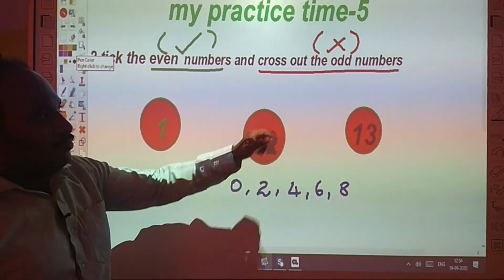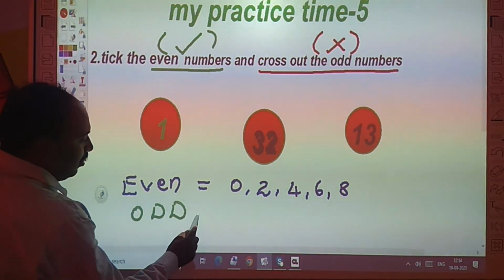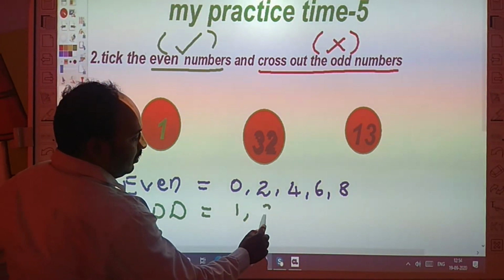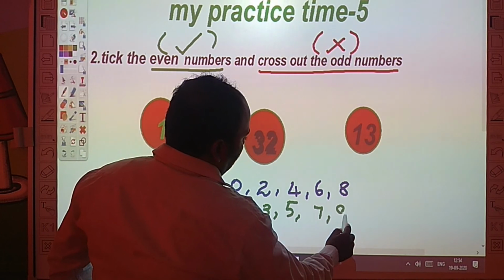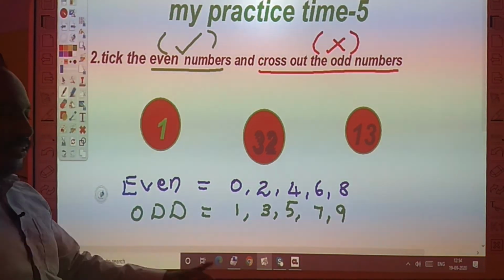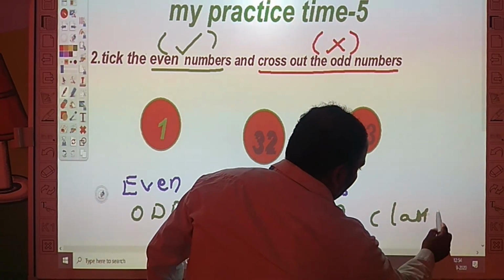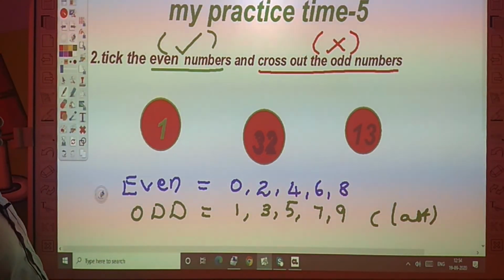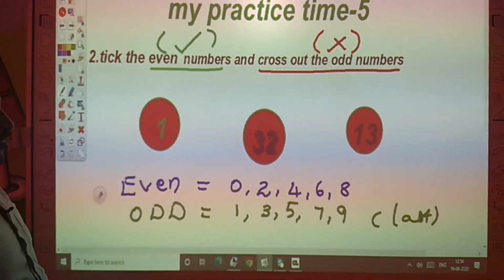The next one, odd numbers. The last digit is 1, 3, 5, 7, 9. That is called the odd numbers.